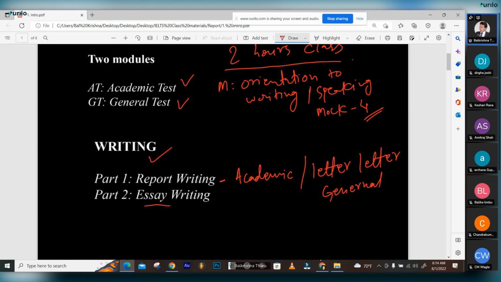And essay writing is the same for both academic students and general students. So let me repeat again. Part 1, report writing for the academic students and letter writing for the general students.